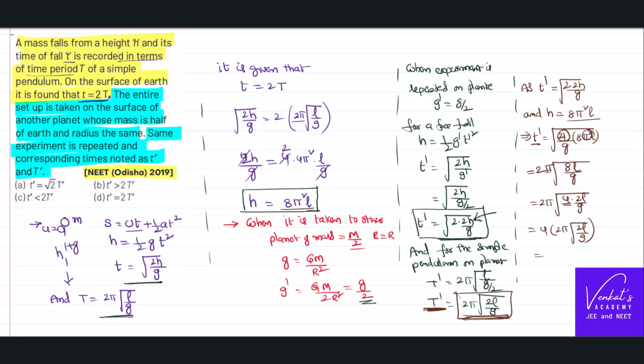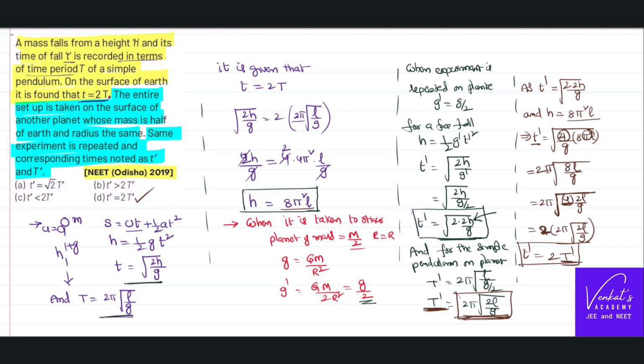Be careful: when the 4 comes out of the square root, it becomes 2, not 4. 2 into 2 pi root L by g is nothing but T dash. So the new free fall on a planet, t dash, equals 2 times the new time period of the simple pendulum. So t dash equals 2T dash is the relation that we are supposed to derive.